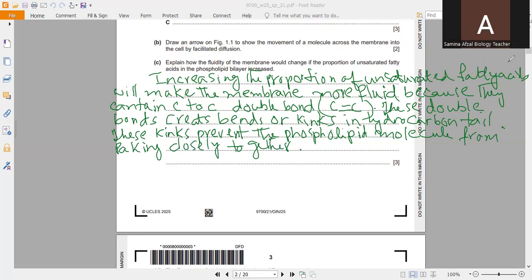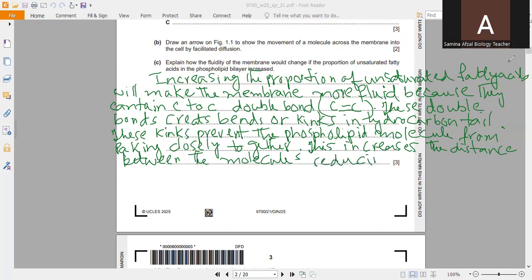This increases the distance between the molecules, reducing the intermolecular forces between the tails.